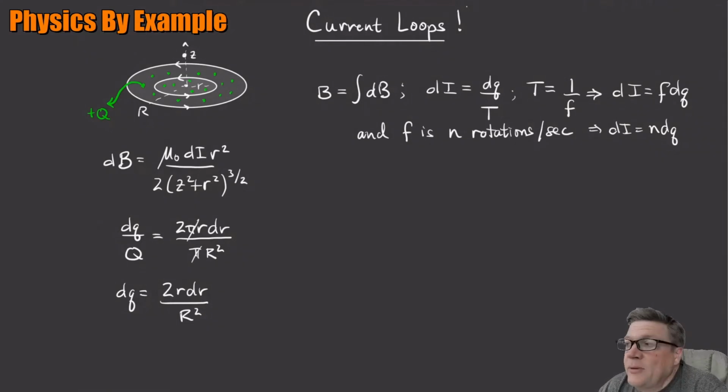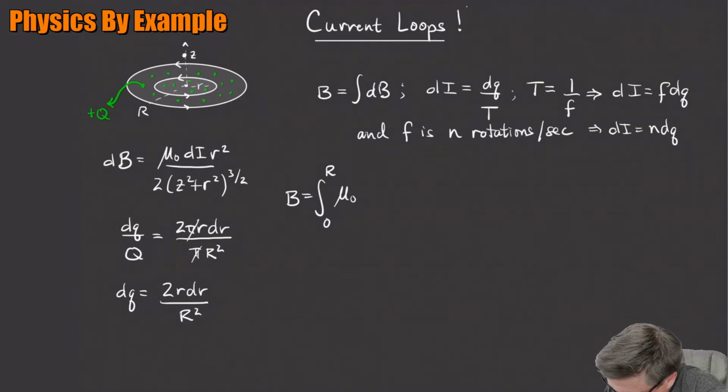So I think we're pretty much ready, right? At least we're ready to write down what the magnetic field is. The magnetic field is going to be the integral from 0 to big R of dB. So this is going to be mu naught, it's going to be our di. Let's see, di is n dq, so I'm going to have an n.